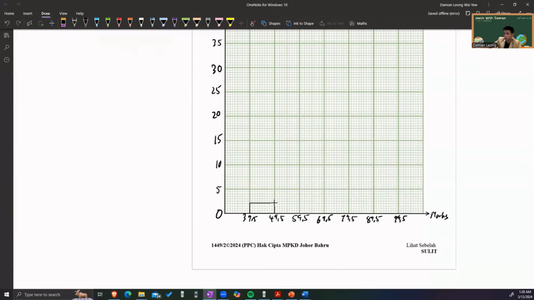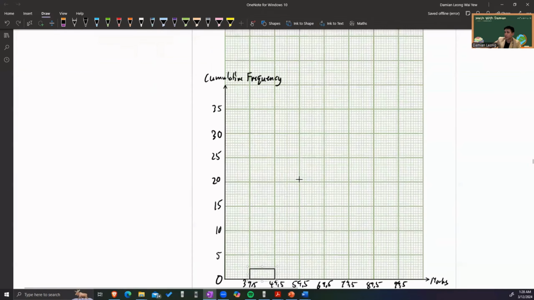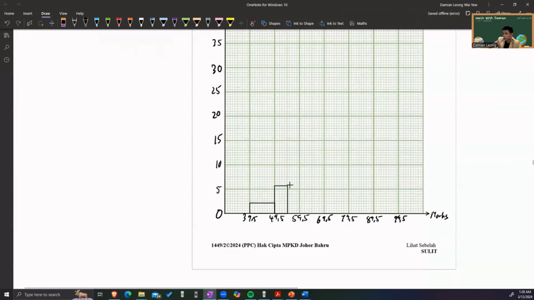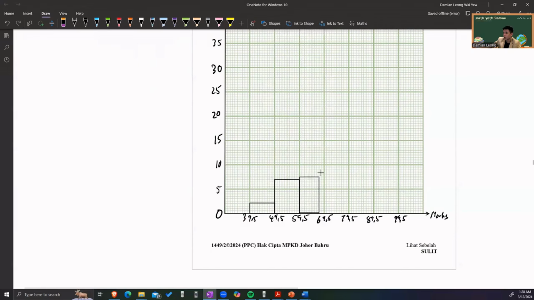So 1, 2 here. Then 7, 5, 6, 7. Then 14, 2 small boxes below 15.